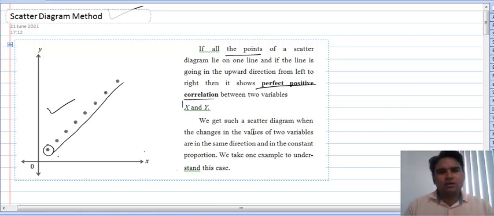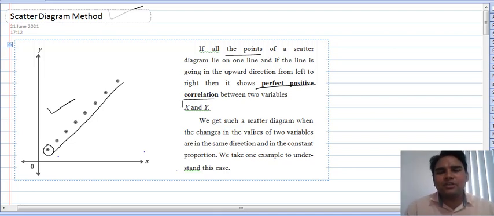So let's read the definition. If all points of the scatter diagram lie on one line, and the line is going in upward direction from left to right, then it shows perfect positive correlation between two variables x and y, right?